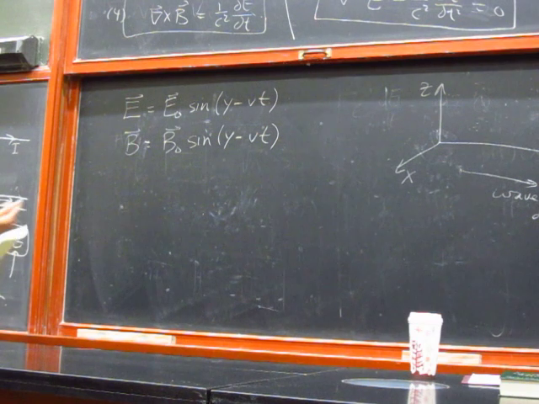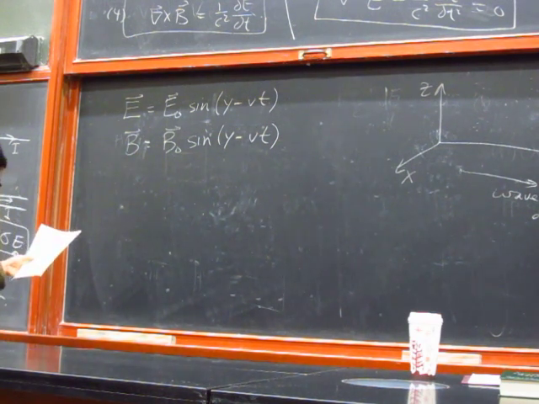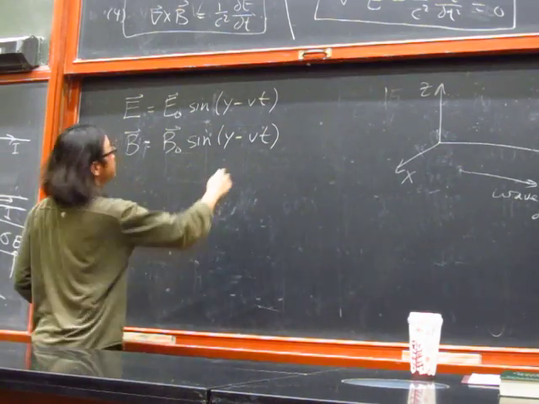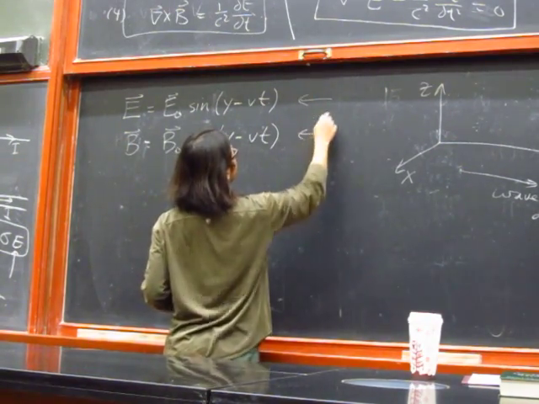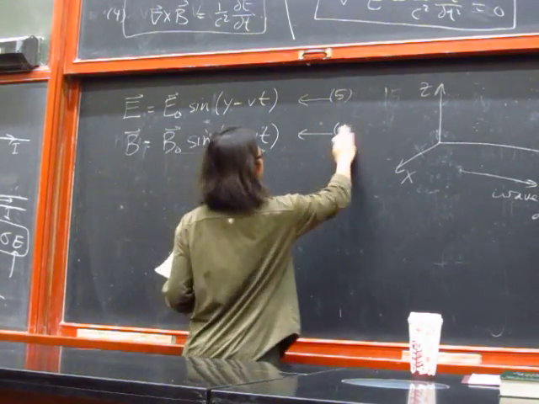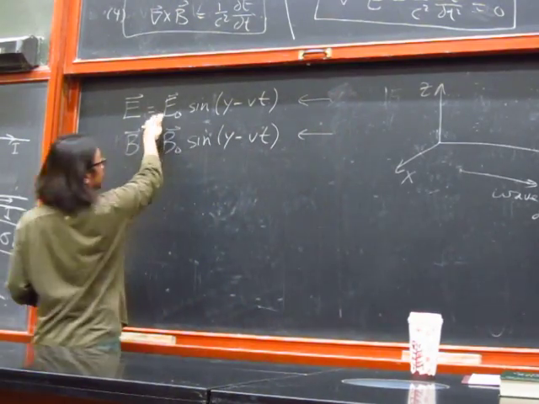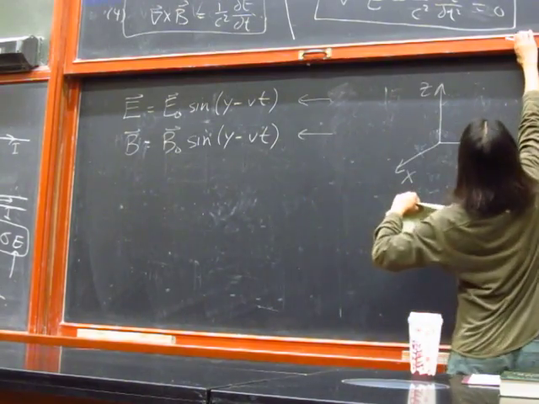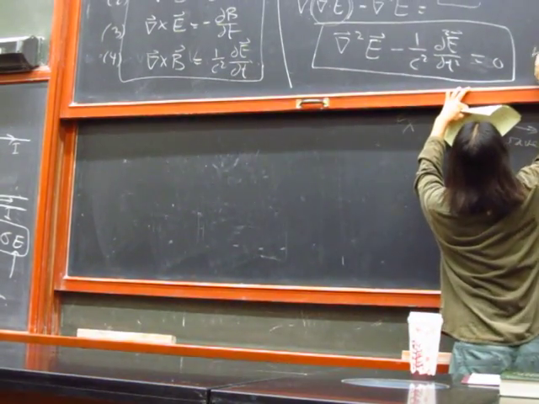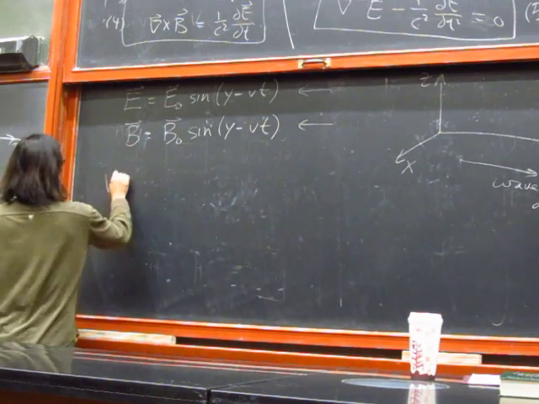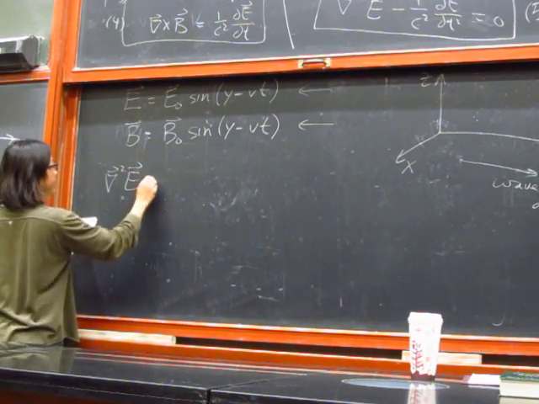And as you will see, if I take these two equations, let's call them equation 5 and 6, the electric field and magnetic field, and substitute them into the Maxwell equation, then what do I have? I have the Laplacian of E.